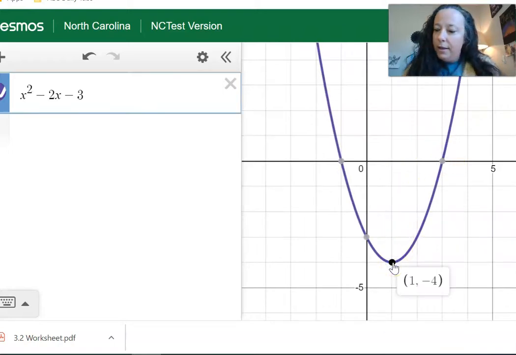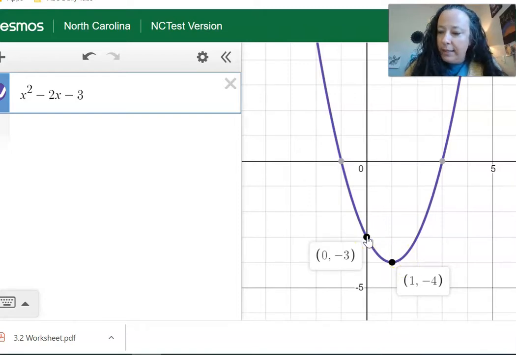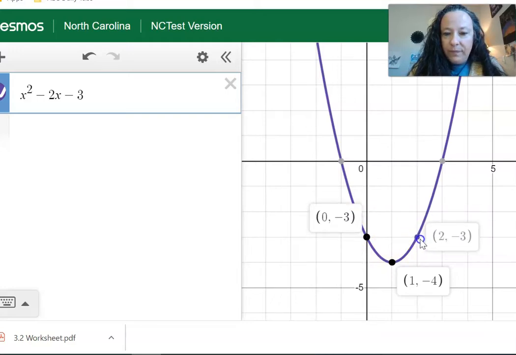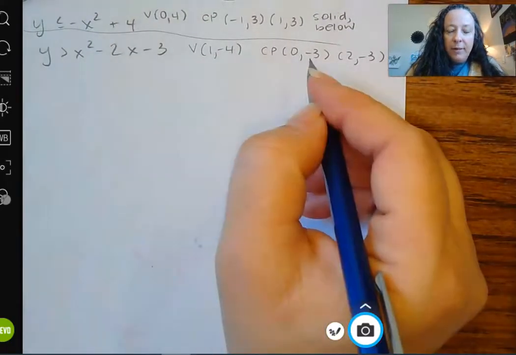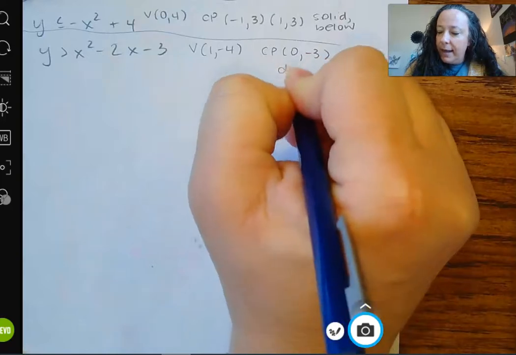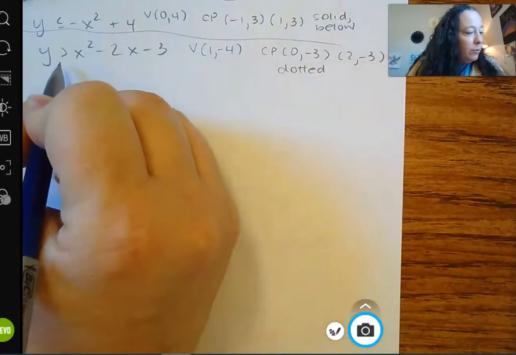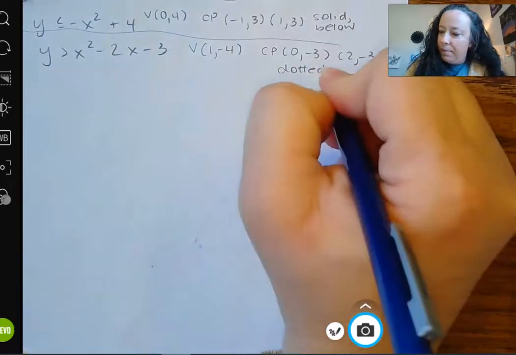Let's see, I've got the vertex is 1, -4, and my corresponding points are going to be 0, -3, and 2, -3, because A is 1, so we're going to go up 1, left 1, and up 1, right 1. So I've got the vertex and the corresponding points. This one's going to be a dotted line because it doesn't have the equal to on it. And we're going to shade above.